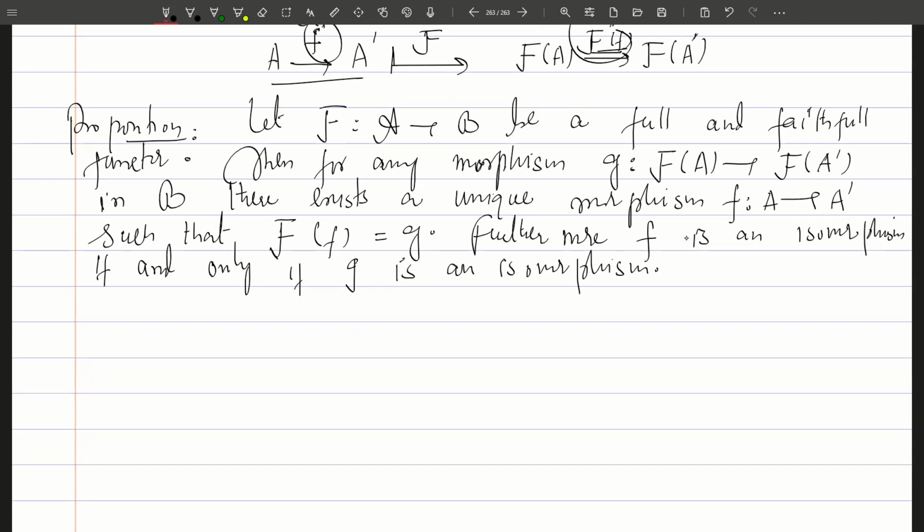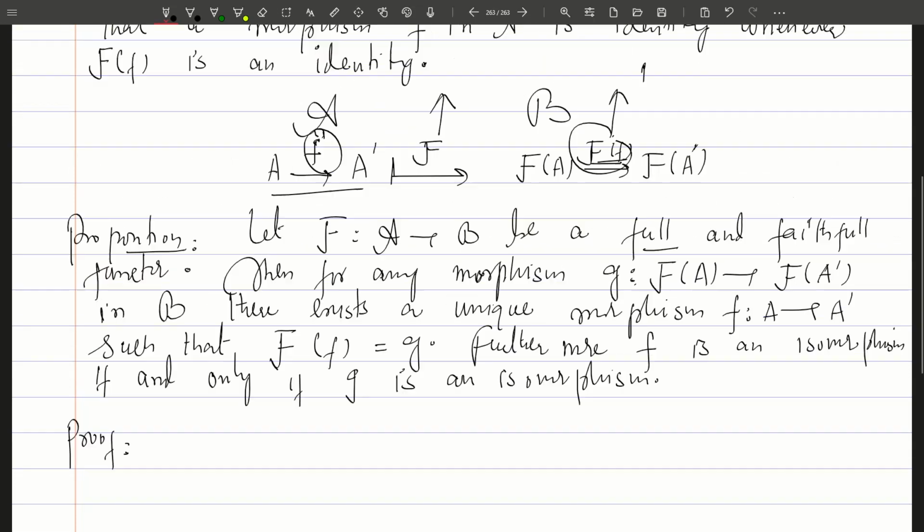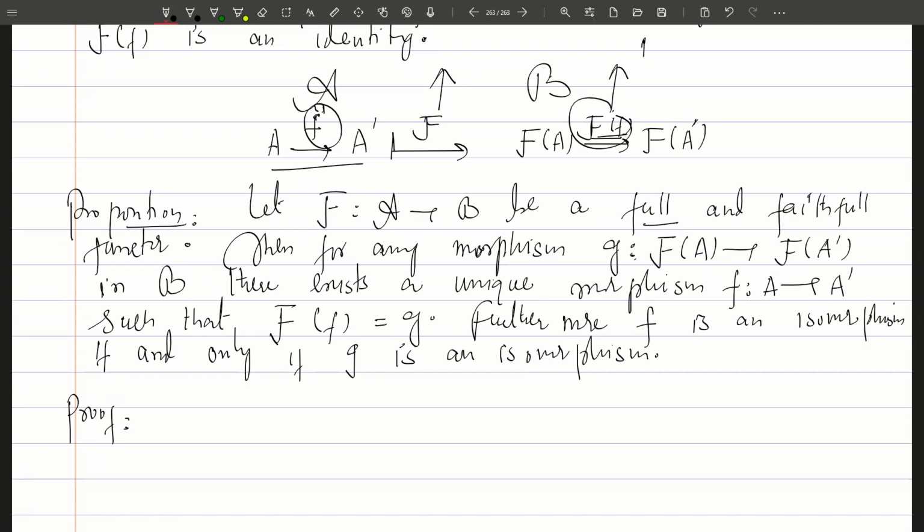The proof of this result is straightforward because the first part is trivial. That follows from the definition because of fullness: for a morphism G in category B, we have a morphism, say little f, in category A such that this thing is true. So let us prove this.